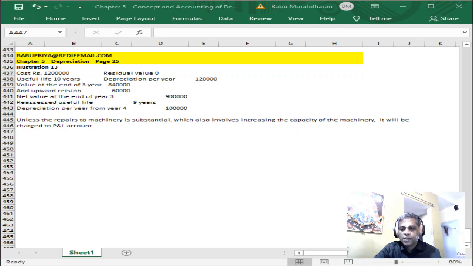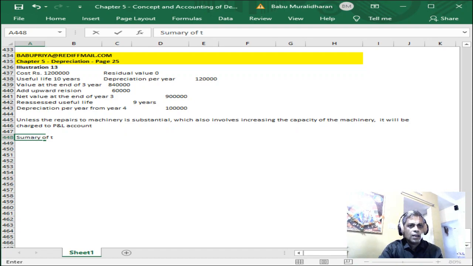Now let's summarize our understanding of the depreciation chapter. Depreciation is a systematic allocation of the depreciable amount of the asset over its useful life. Summary of depreciation chapter.